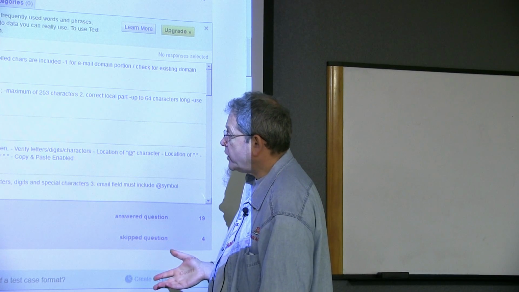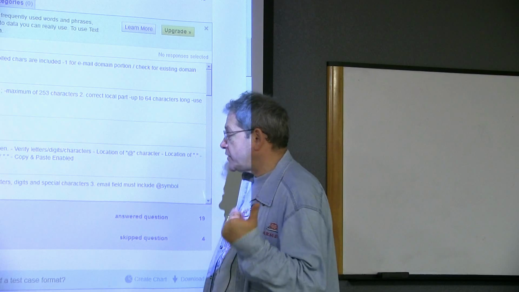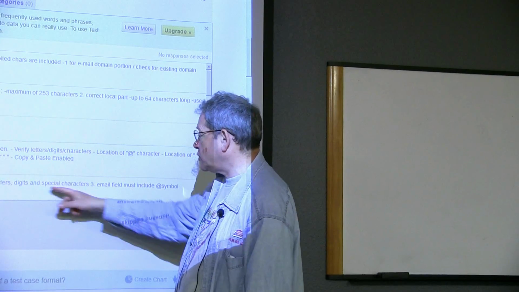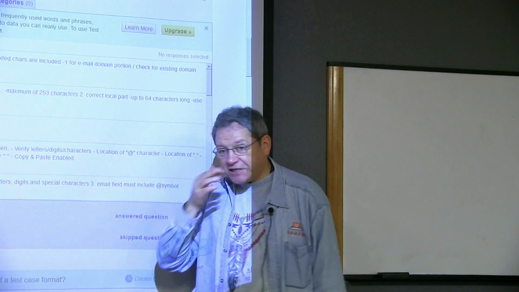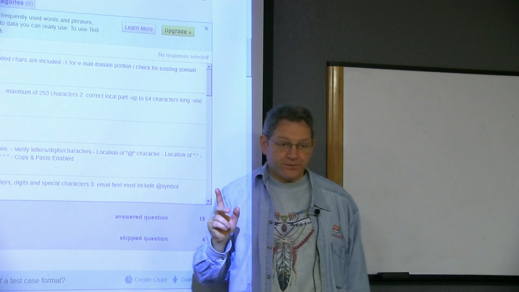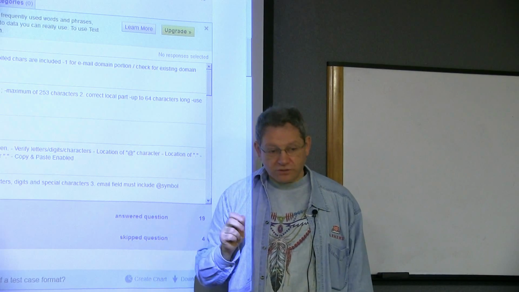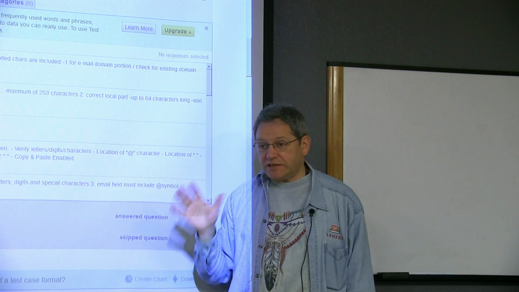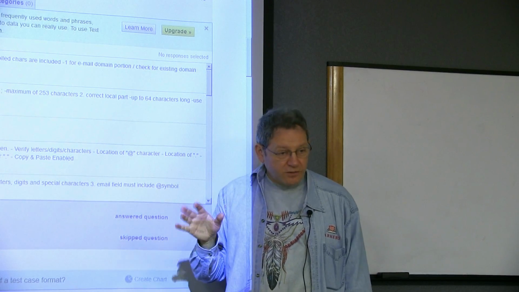Email field is required. Okay, that is a requirement. It can include letters, digits, special. It cannot include special characters. Special characters are prohibited, with some exceptions. Special characters as a class are prohibited.